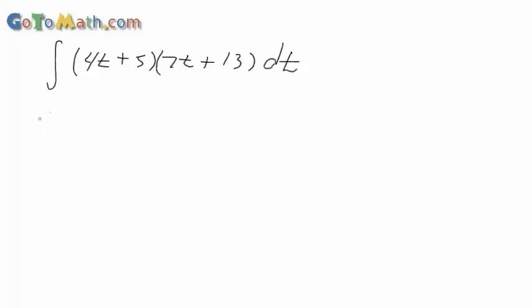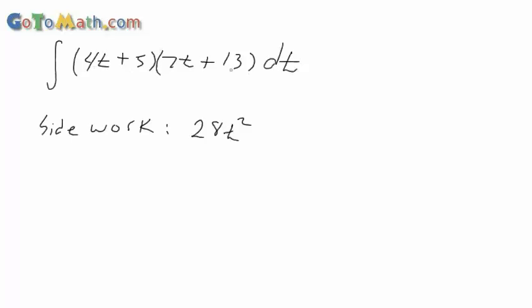All right. So we're going to do a little side work here. Some side work, right? And multiply these guys out. So we got 4t times 7t, so that's 28t squared.